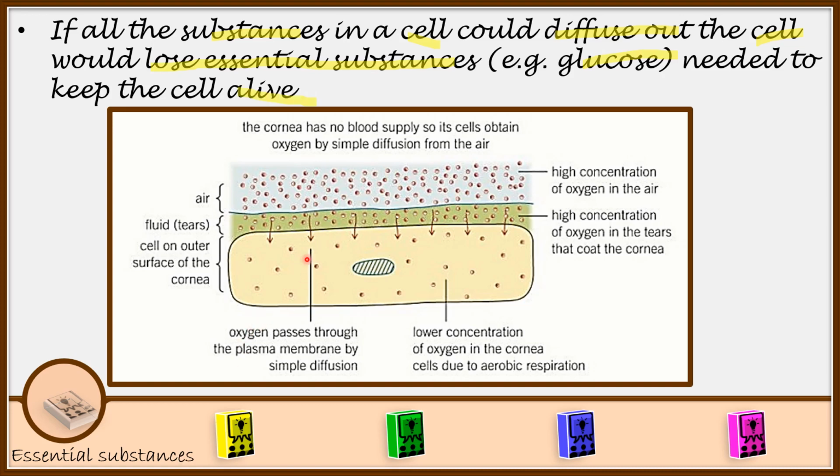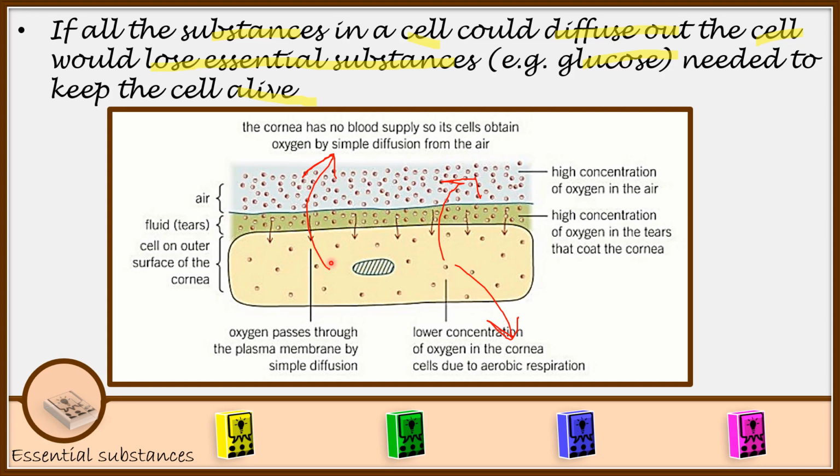Now, another scenario: if all the substances inside the cell were allowed to diffuse out, then the cell will not survive. Why? Because, for example, if glucose diffuses out of the cell and goes outside, then the cell will not have substances that will produce energy to keep it alive.